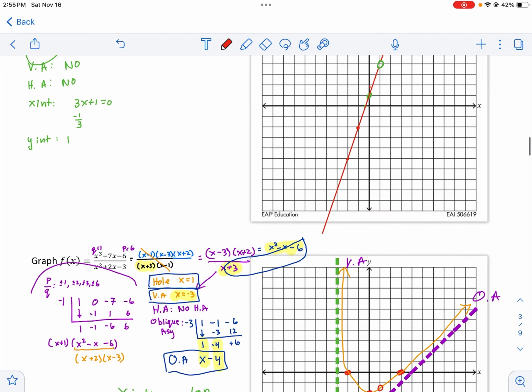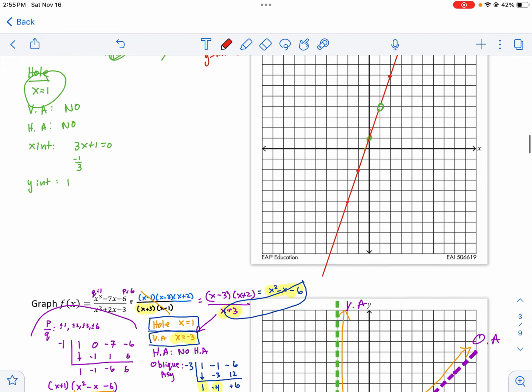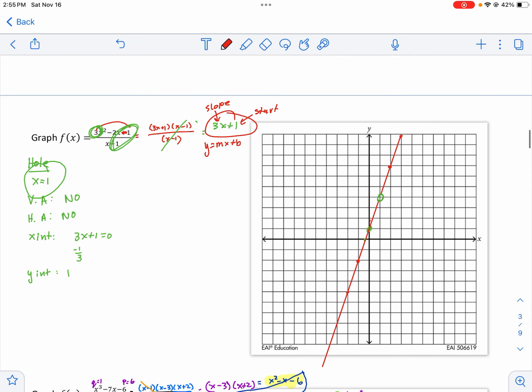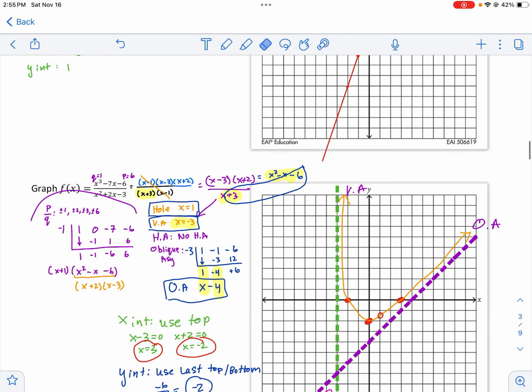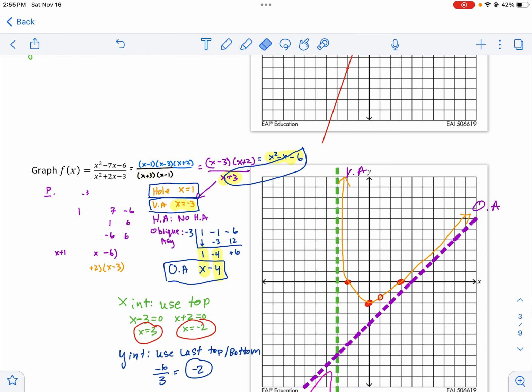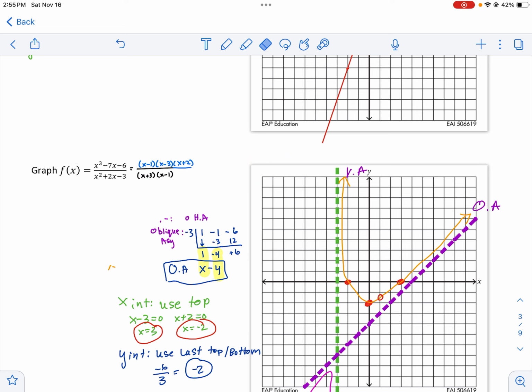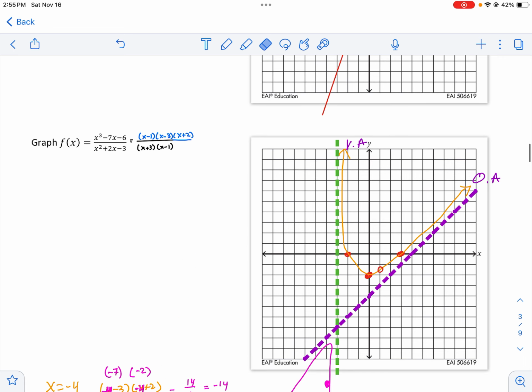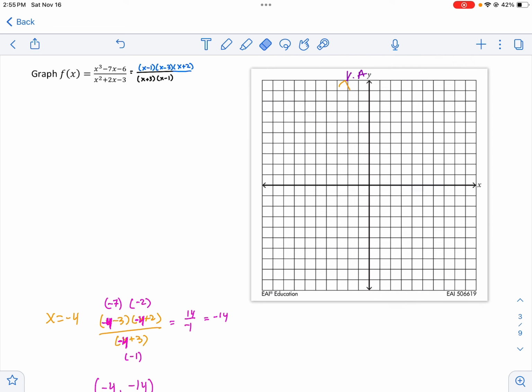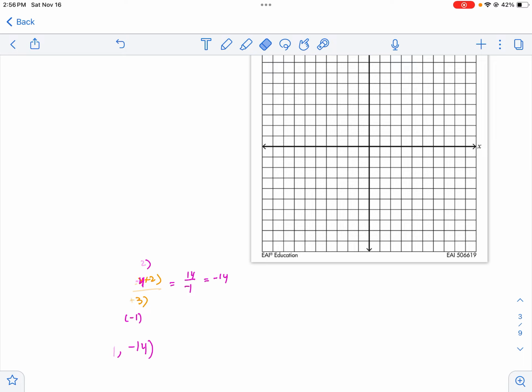So there's one more, called the oblique asymptote. So let's do this one. I'm going to leave some of the work that I've already done up here, just to save a little bit of time.